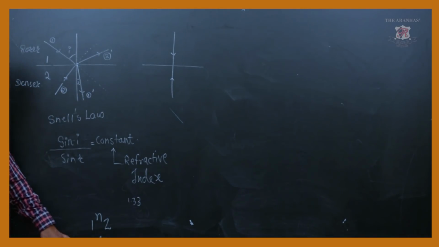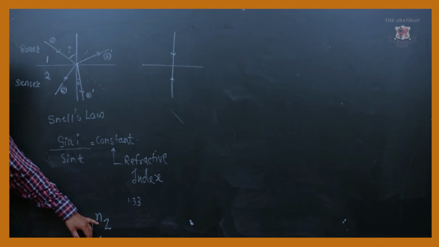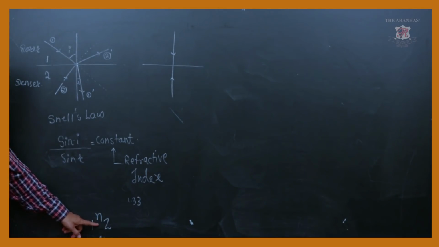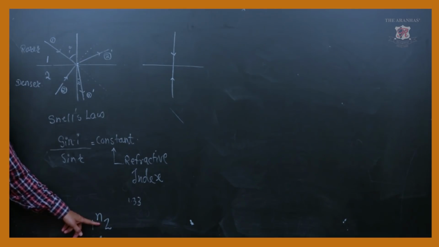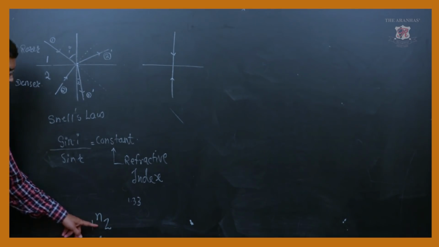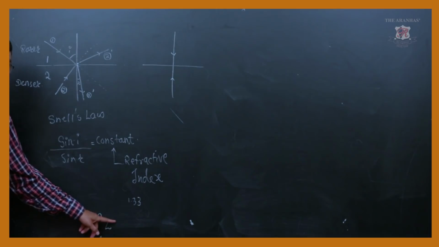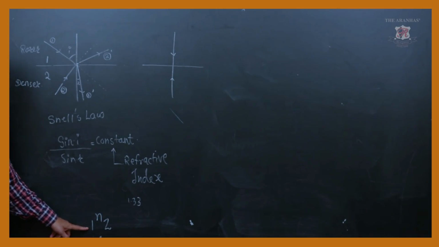But you don't have to deal with that. In 10th standard, you will be using letters 1 and 2. How it is to be read? First, what does n stand for? N stands for refractive index. Refractive index of whom? Of the second medium. With respect to whom? First medium.